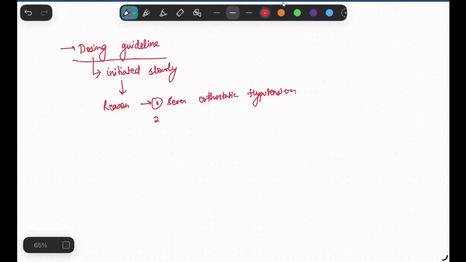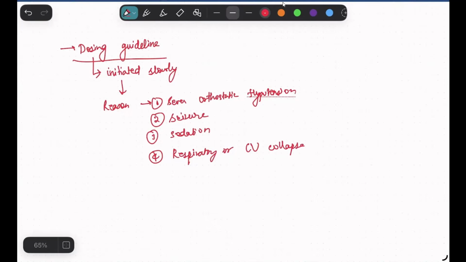Clear? Second, if it is initiated very rapidly, it causes seizures. Third is sedation, and the fourth is respiratory or cardiovascular collapse. So because of these four reasons, it is initiated slowly.